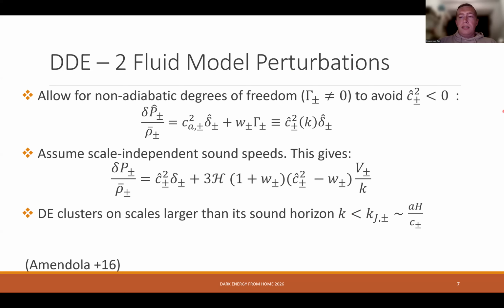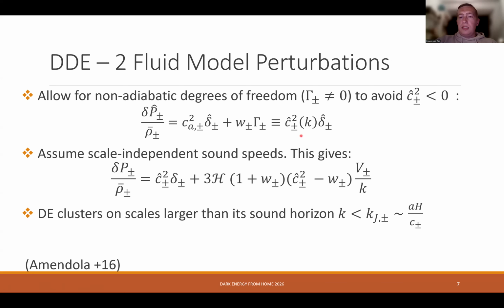If one wants to avoid negative squared sound speeds, one has to allow for non-adiabatic degrees of freedom in this manner, where in this case the adiabatic sound speeds squared are just the equations of state, and the rest frame quantities are indicated by a hat above the quantity. So the sound speeds in the rest frame are the quantities that we are interested in.